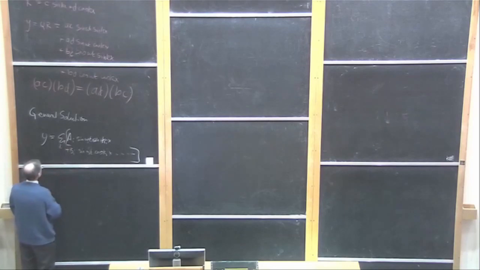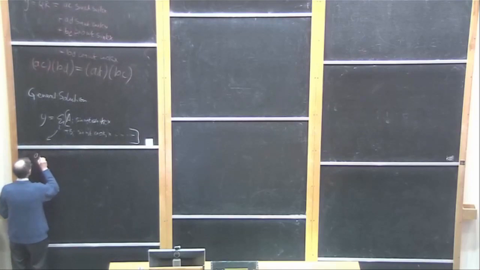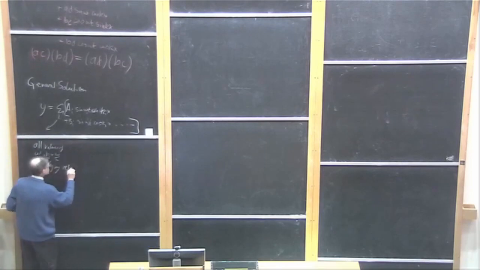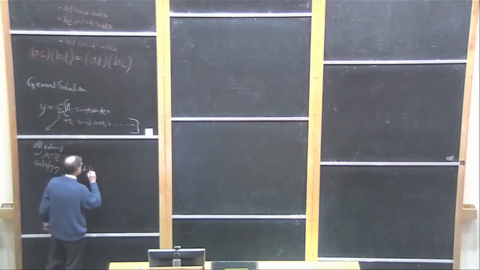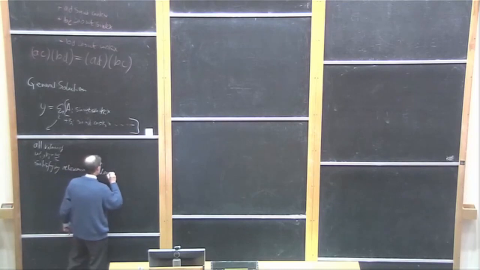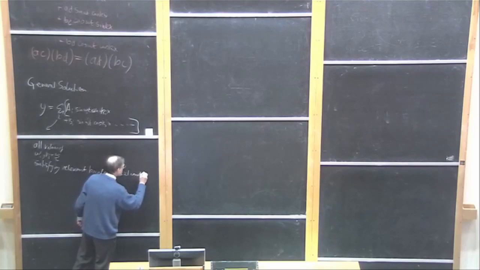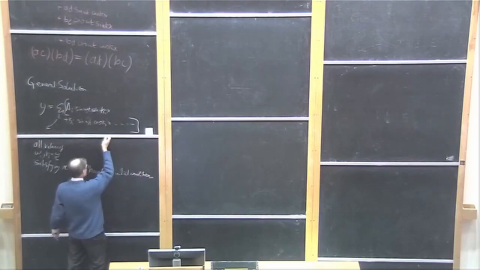So the question is, what is the sum over? So that is all values of omega i and ki equals omega i over c, satisfying the relevant boundary and initial conditions.